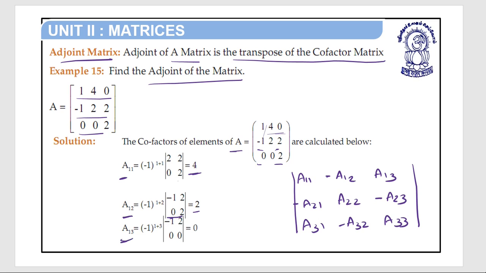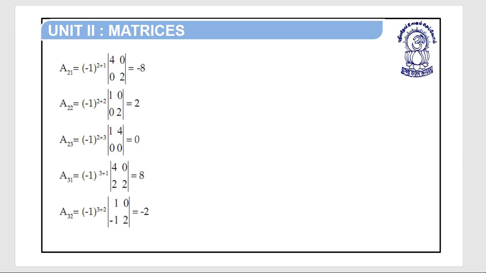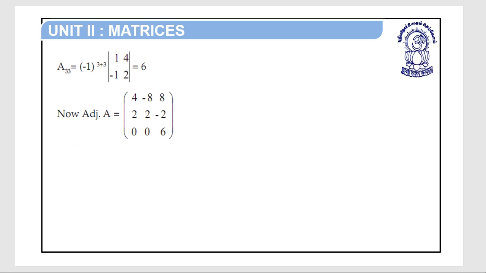So 2, A13, 0, A21 minus 8, A22 2, A23 0, A31 8 and A32 minus 2, A33 6. So now the adjoint of A is equal to 4 minus 8 8, 2 2 minus 2 and 0 0 6. Put in all the values of A11 to A33.